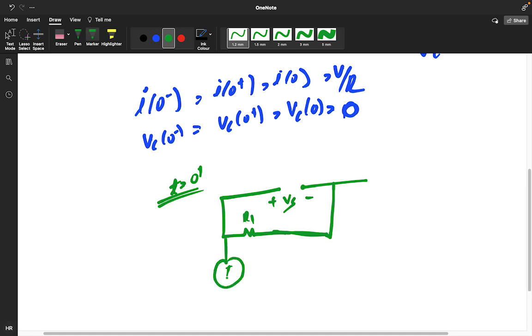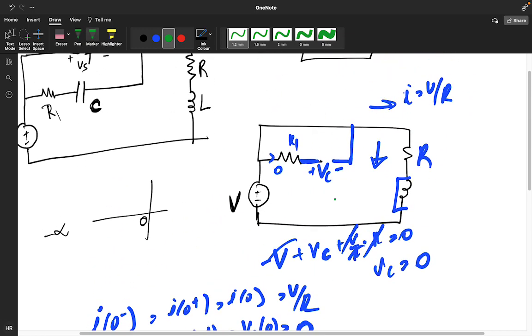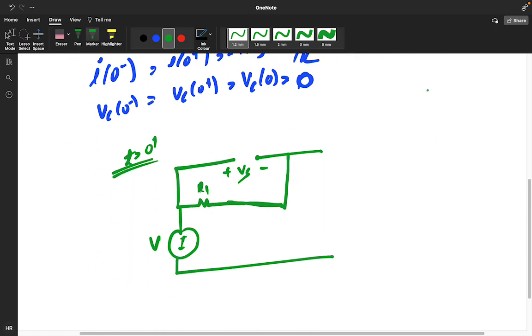And this is my positive and negative V, and at 0 the inductor current was coming as V by R. So this is your R, and in this branch at t equals 0+, remember this point very carefully, we are talking about t equals 0+, not the infinite position.